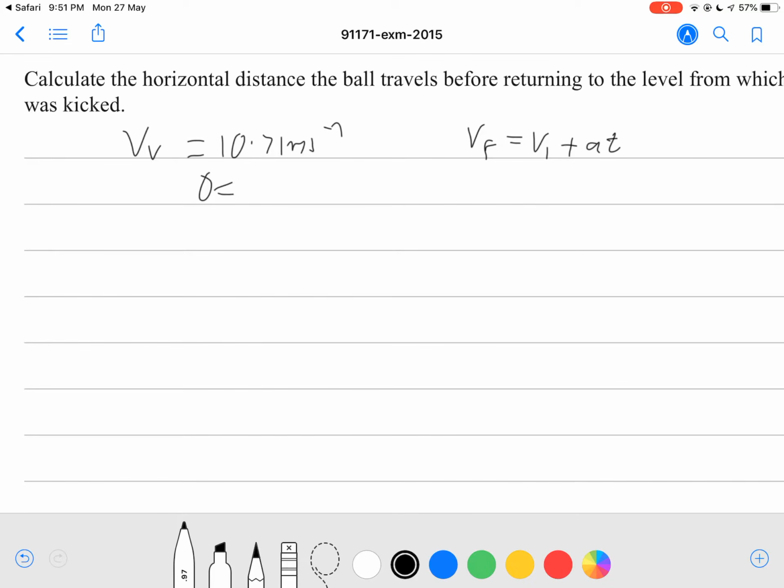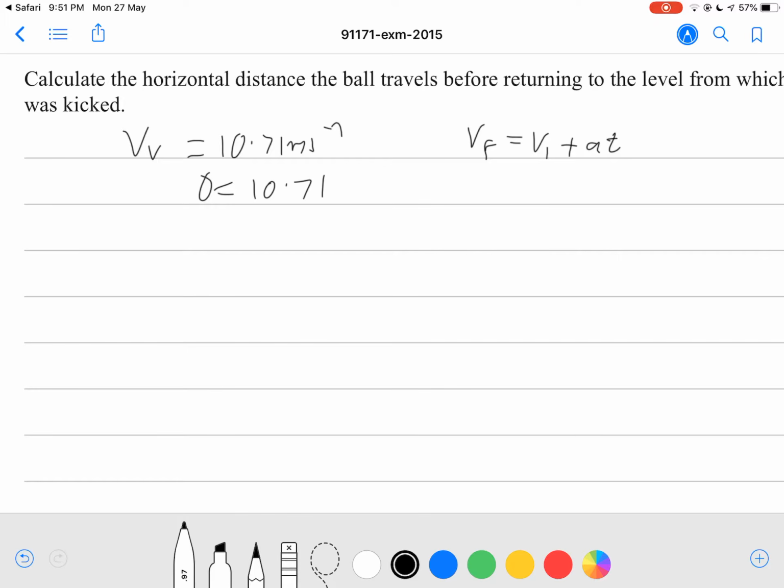So we're going to say 0 equals the initial velocity, 10.71, plus At. The acceleration of gravity is 9.8 meters per second squared, but since it's acting in the opposite direction of the vertical velocity, we're going to say it's negative 9.8 meters per second squared. The ball's going up while gravity is acting down.